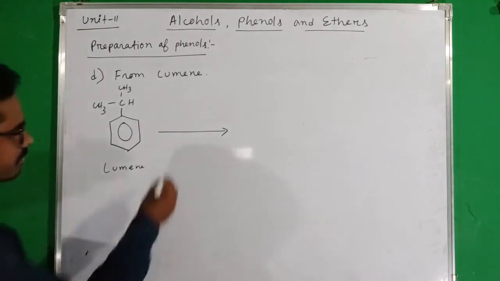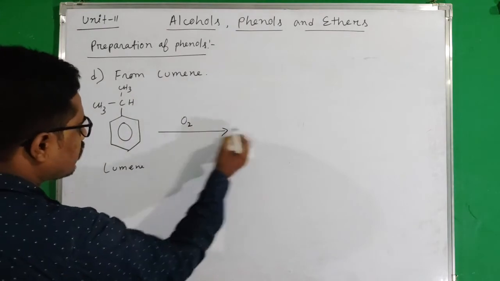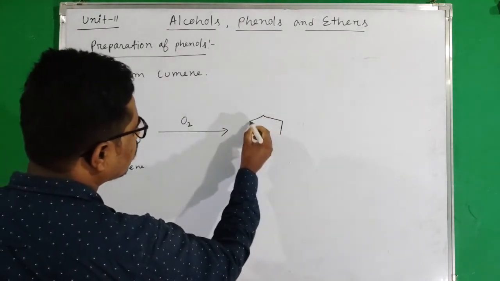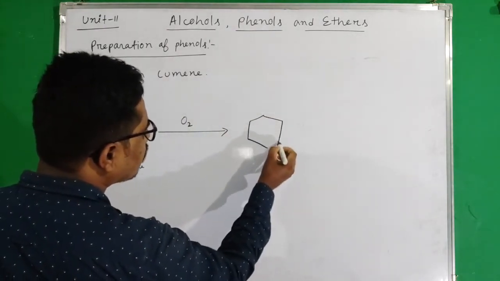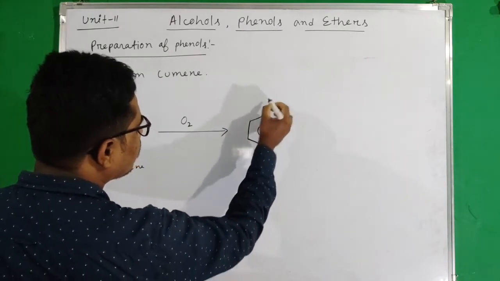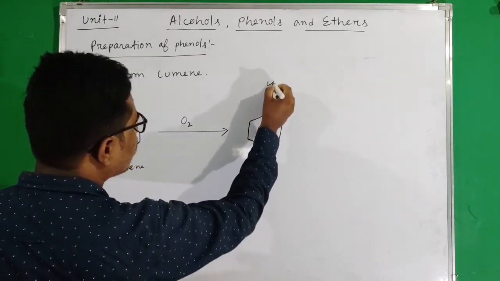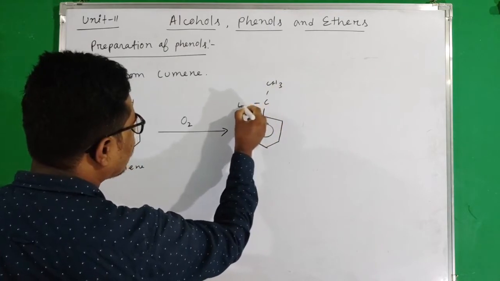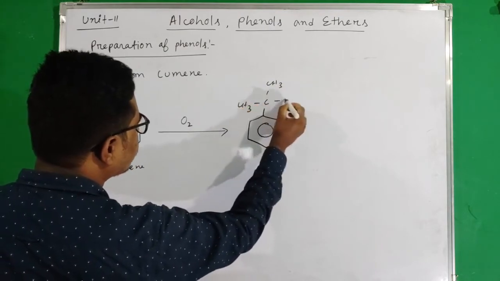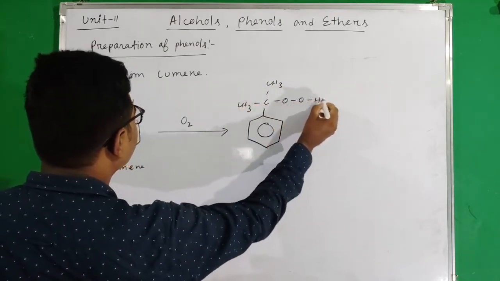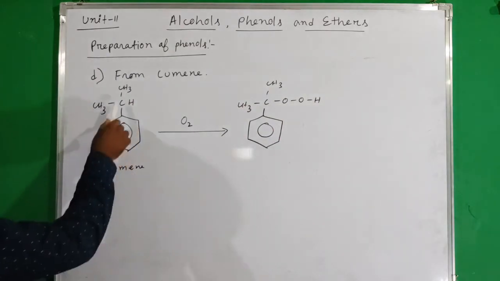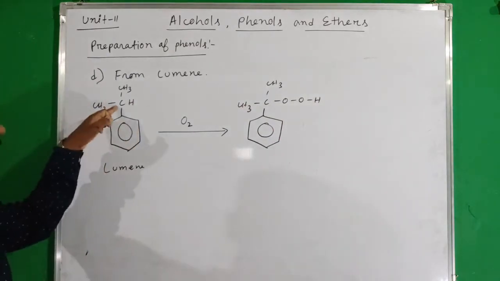atmospheric oxygen, then the product is this one. Okay, that means this carbon is benzylic carbon.